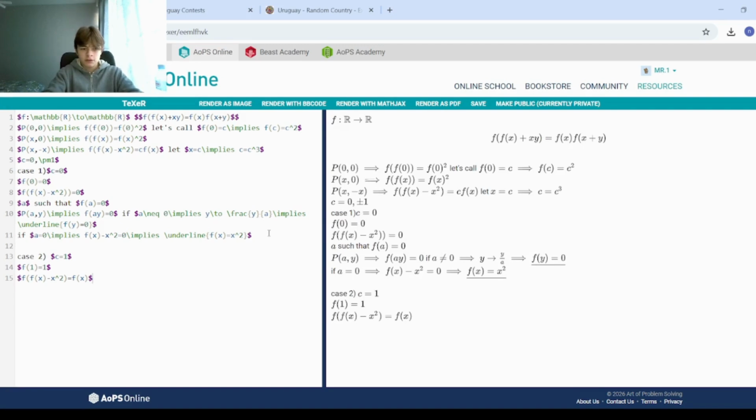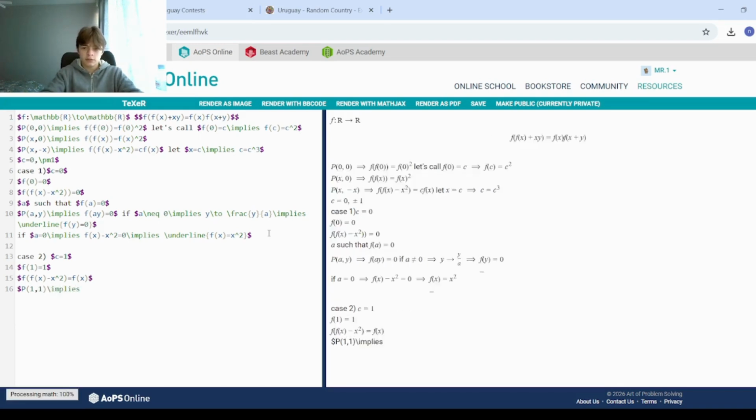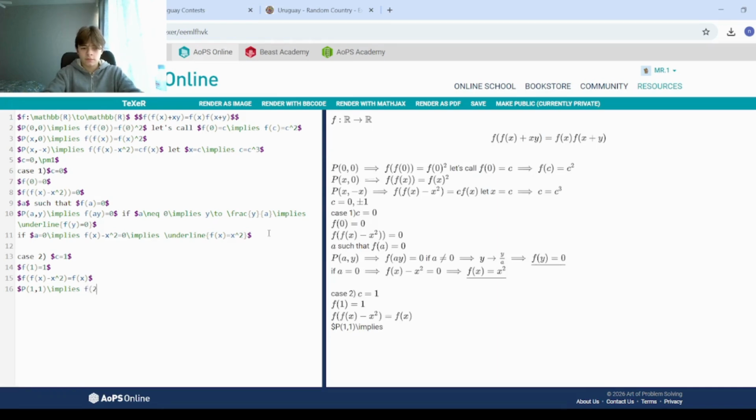Okay, and nothing else, but we can try like this. Actually f(1) can be equal to 1 because f(x) is equal to x squared, so this might be a valid solution. But let's try this, and we will get f(2) is equal to f(2). Okay, nothing useful.